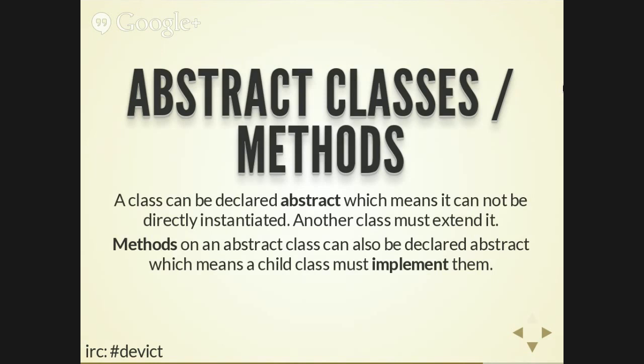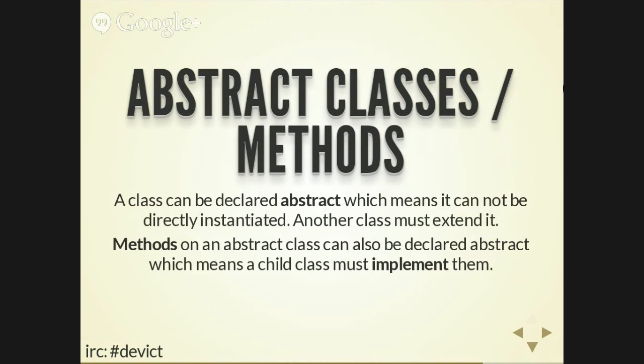So again, keywords here are in bold. A class can be declared abstract, which means that, you know, it's like a Picasso class. It's something that you have to like get, right? An abstract class cannot be directly instantiated, which means if I have an abstract class called abstract class, I cannot say new abstract class.